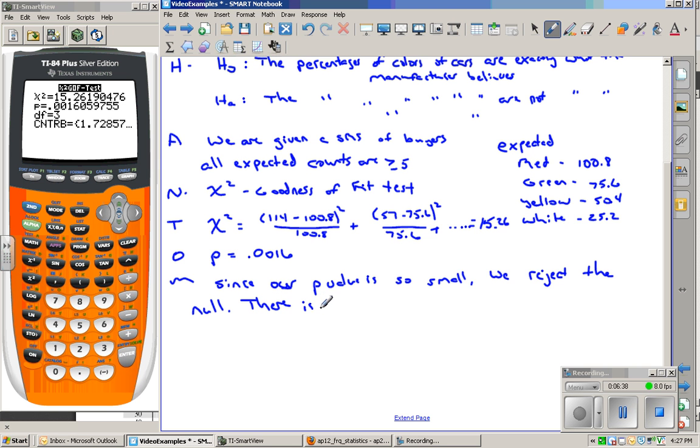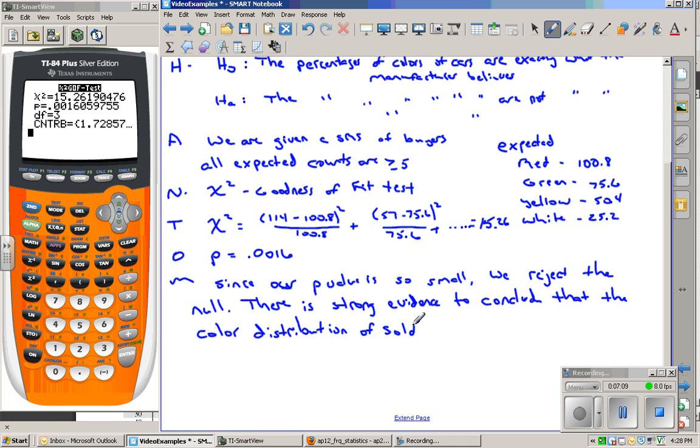There is strong evidence to conclude that the color distribution of sold cars is not what the manufacturer believes.